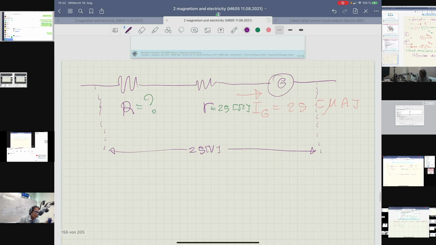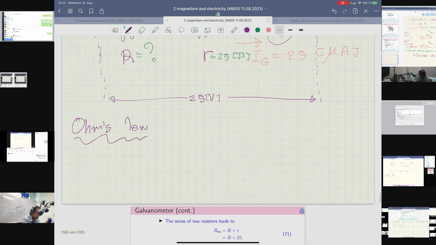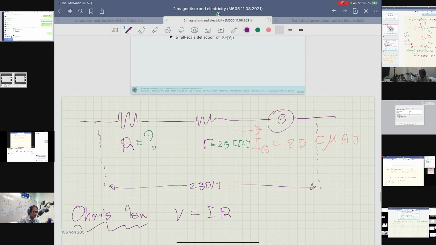So in order to find the capital R, we have to use Ohm's law, which says V equals IR. The current is IG, and the total resistance is capital R plus small r.